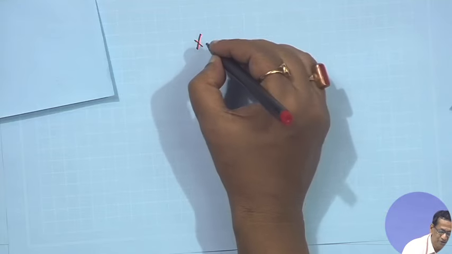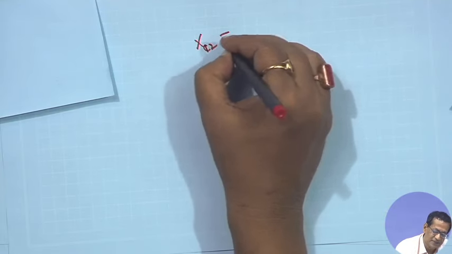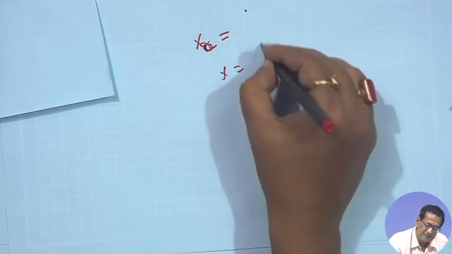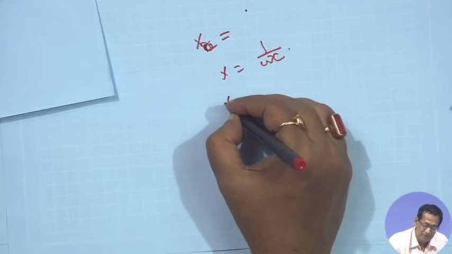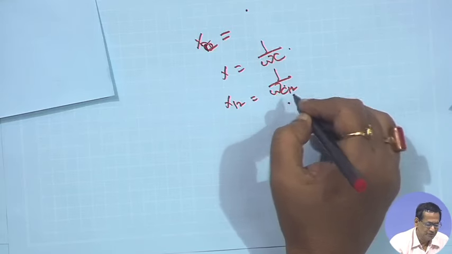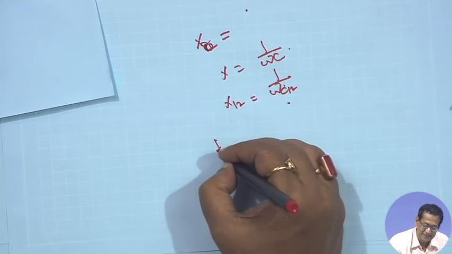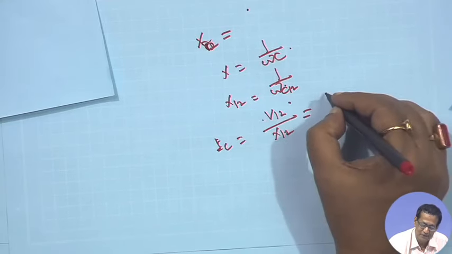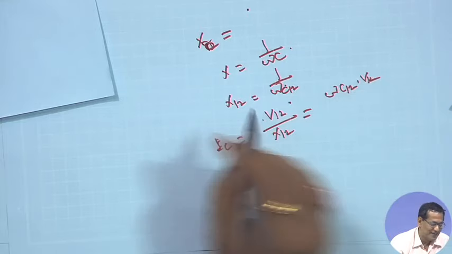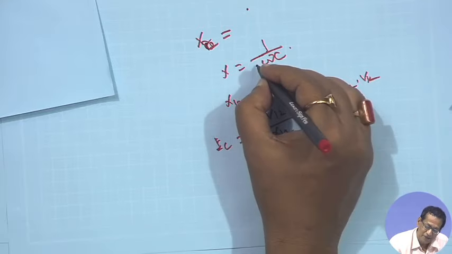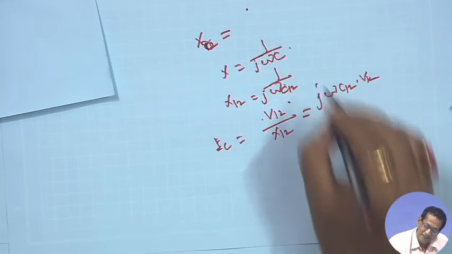If you try to find the reactance, x12, you know that x is equal to 1 upon omega C. Therefore, x12 is 1 upon omega C12. So, when you find the charging current IC, the voltage is V12 divided by x12, which is omega C12 into V12, but as it is a capacitance, you put j here.